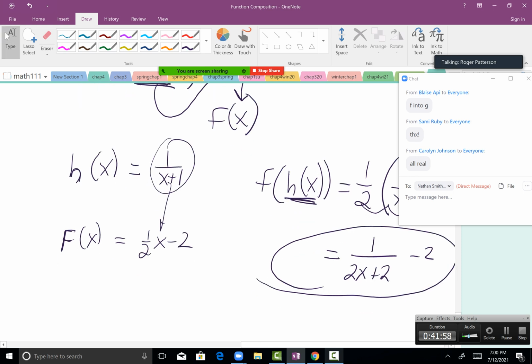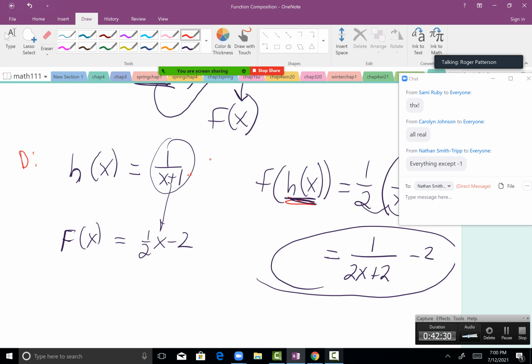Okay, so I'm going to go back to the h function first because that's the one I started with. Okay, here's my h function. Let's just talk about the domain. What's the domain of that h function? Yeah, we can't have a -1.